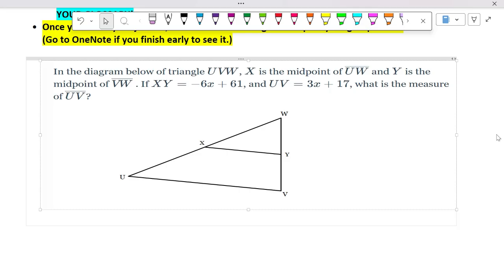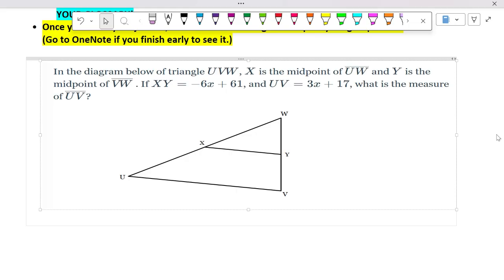All right, so we distribute first. We get negative 12x plus 122 equals 3x plus 17. I'm going to add the 12x over just so I don't have to deal with any negatives. I get 122 is equal to 3x plus 17.